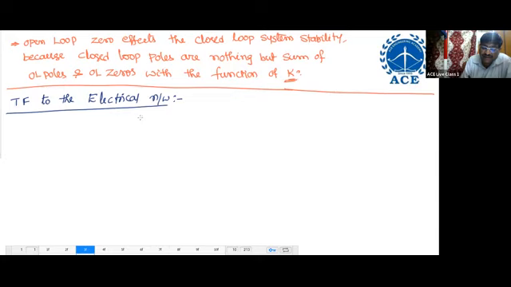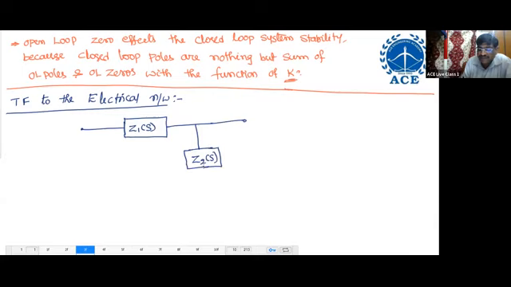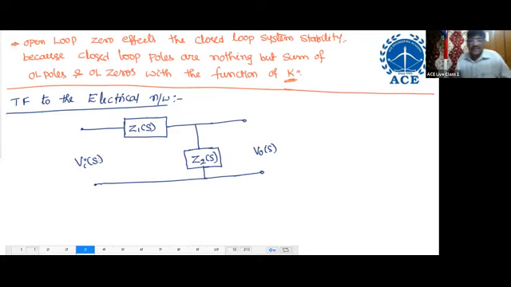So take a simple transfer function. For example, I'll take a simple transfer function with Z1 of S and Z2 of S, output V naught of S and input VA of S. If any electrical network is given, you adjust the components in this form, Z1 of S and Z2 of S. Adjusting means simplification of series parallel components.